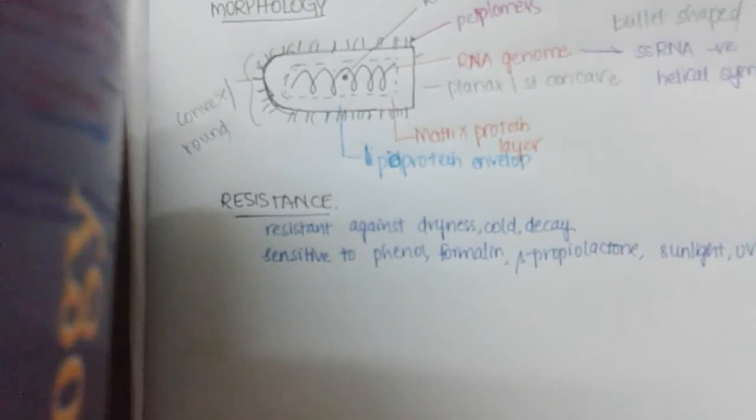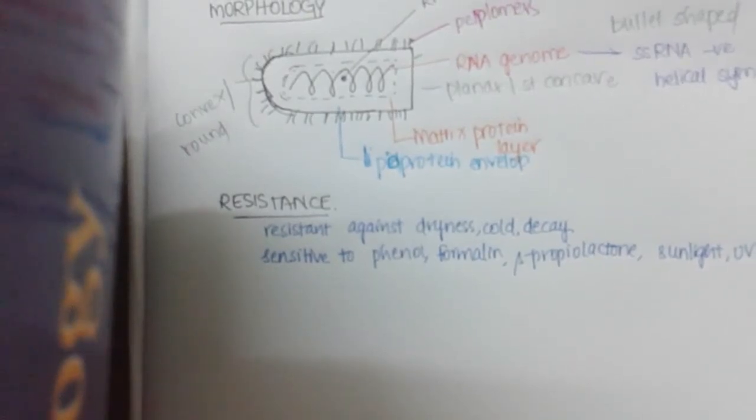So what is resistance? It can't be killed by dryness or cold or decay, but it can be killed easily by phenol, formalin, beta propiolactone, sunlight and UV light.